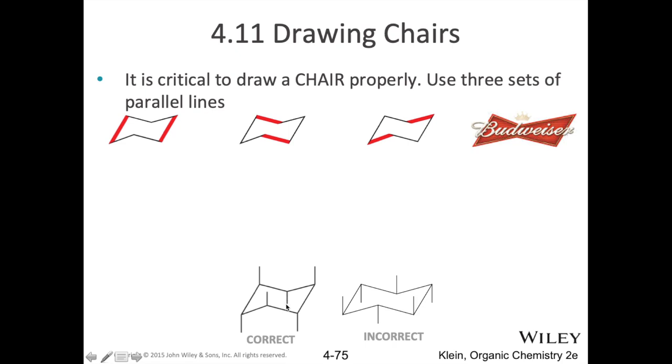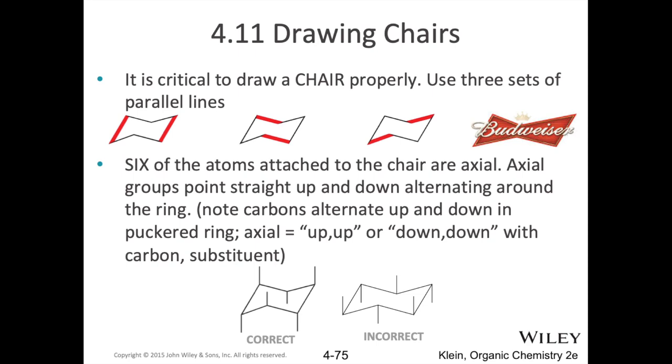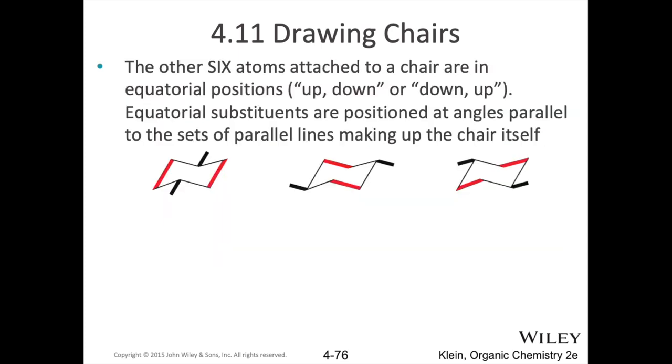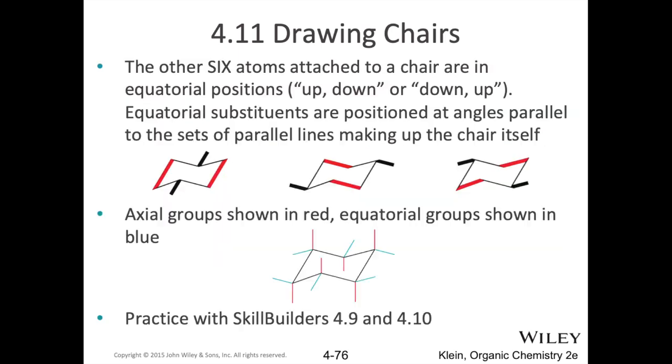I call these axial, and that's to denote that they are different from what we call equatorial. Equatorial attachments are the ones that are parallel to our parallel sets of lines, and they're called equatorial because they're roughly in the plane of the equator of this ring that we form from our cyclohexane.